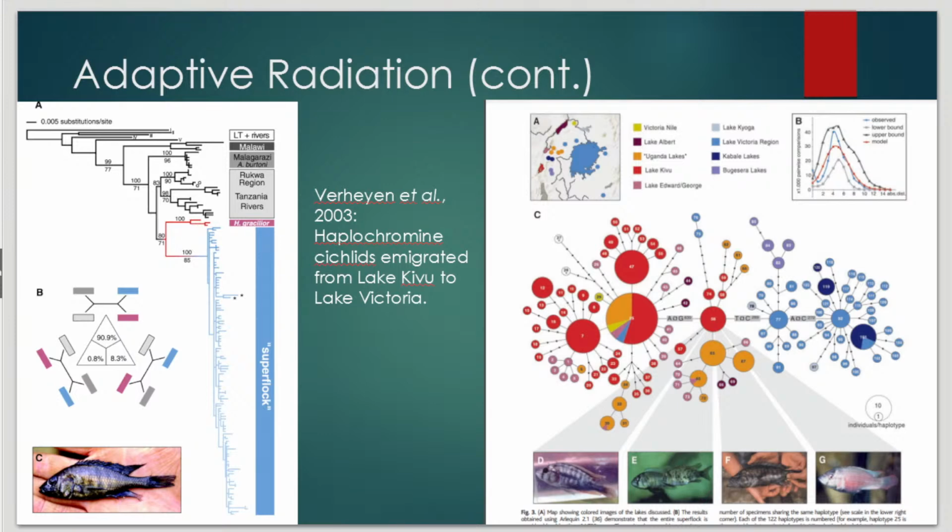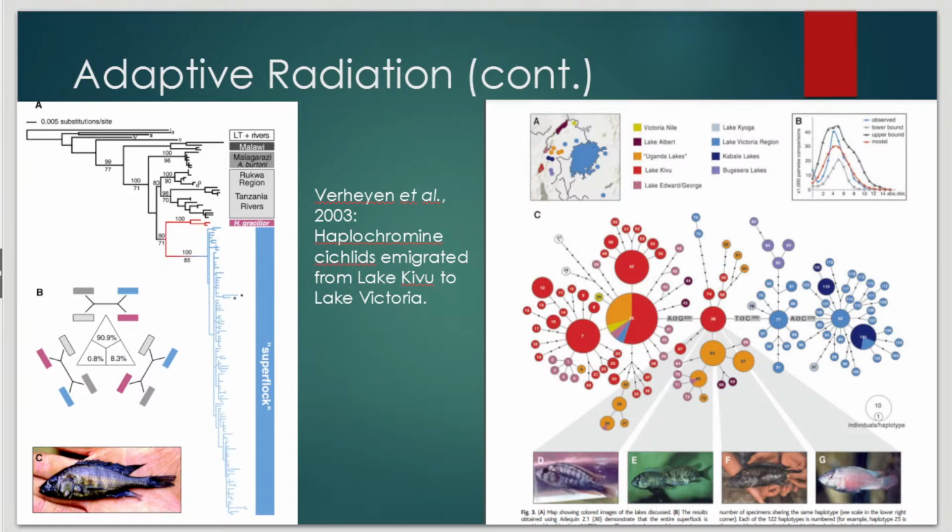What had happened is the haplochromine cichlid. It's called the haplochromine superflock. Are they all members of Haplochromis? Well, no, not really, but they're termed the haplochromine superflock because a lot of them are haplochromines in Lake Victoria. Again, it's arbitrary, but where they came from was Lake Kivu, which is a much smaller and older lake than Victoria is.